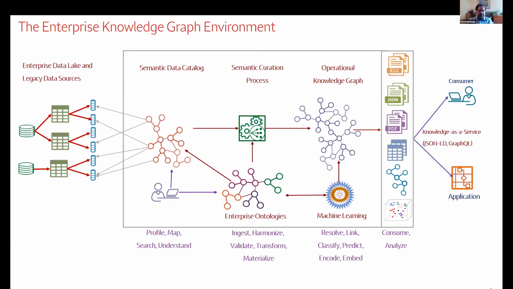It can also respond to service requests or APIs or microservices from applications to retrieve knowledge from the operational knowledge graphs or these extracts from that knowledge graph, which we could call knowledge as a service, which uses protocols like JSON-LD or GraphQL.